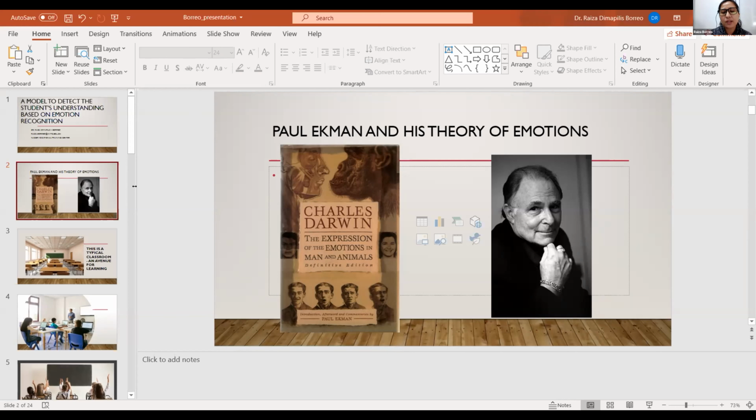Now let's connect these emotions to a typical classroom. A classroom is an avenue for learning. This is where the teacher and the students meet. The teacher delivers his lesson, and the students will understand, supposedly. However, most of the time, and I also experienced the same thing, my students wouldn't be able to grasp what I am talking about, even though I tried my best.